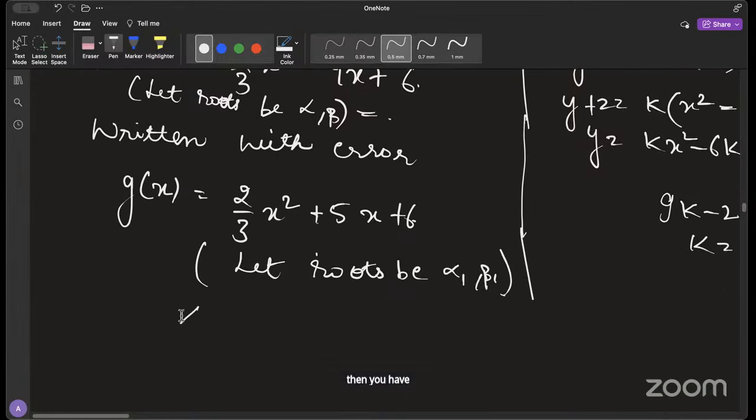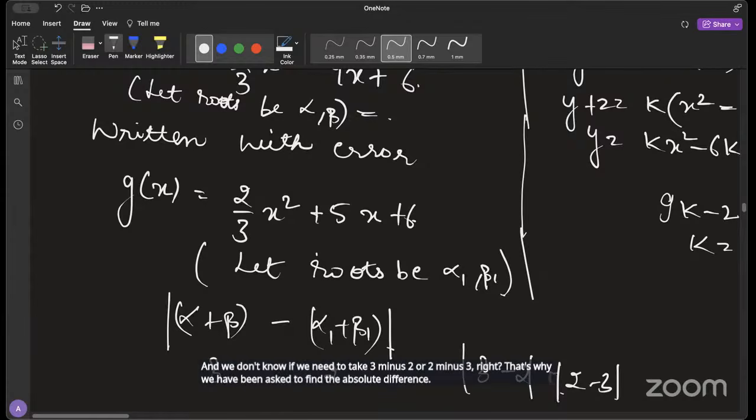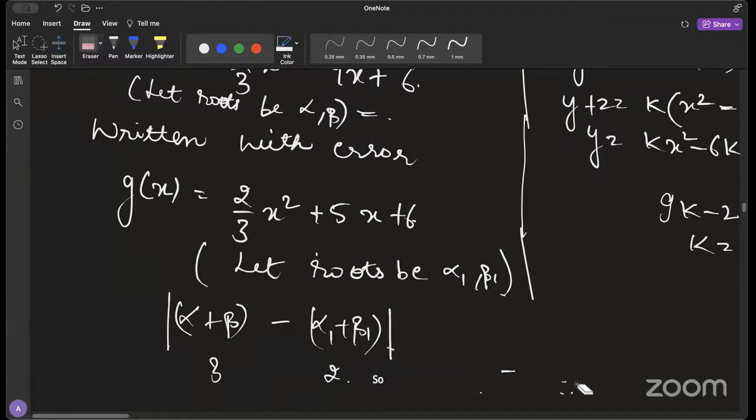Then you have to find alpha plus beta minus alpha 1 plus beta 1, and the absolute difference. Absolute difference means the difference without sign. So if this is 3, this is 2, and we don't know if we need to take 3 minus 2 or 2 minus 3, right? That's why we have been asked to find the absolute difference, which is the same for both of them, right? Either you do 3 minus 2 or 2 minus 3. So that's why you've been asked absolute difference, to get a unique answer.